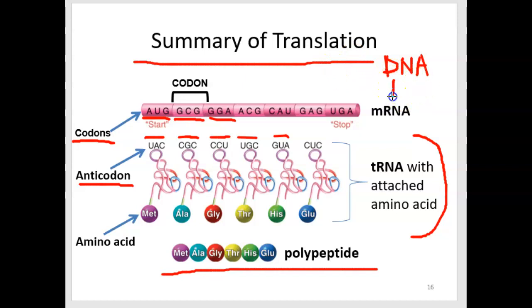If messenger RNA is complementary to DNA and transfer RNA is complementary to the messenger RNA, then these two are the same. They're equal. Kind of a math thing, but we'll also do an example so that you can see that. So the original DNA should be similar to these anticodons, except of course DNA doesn't use uracil.